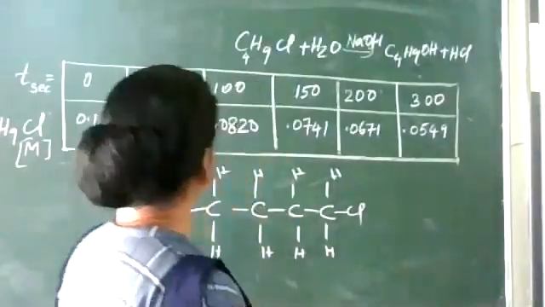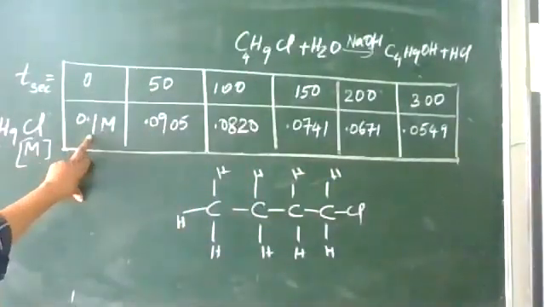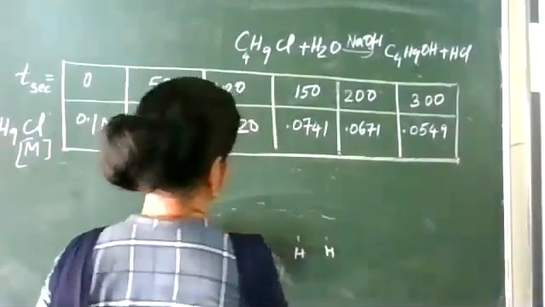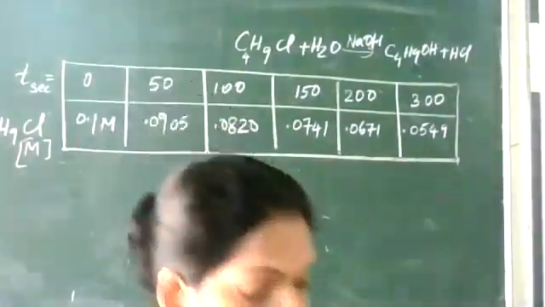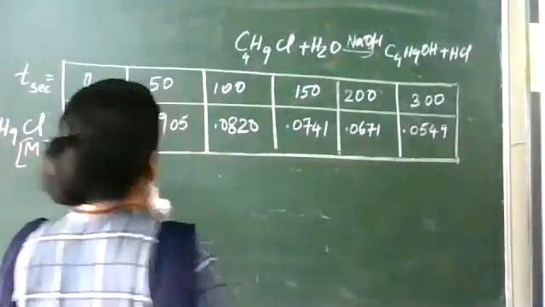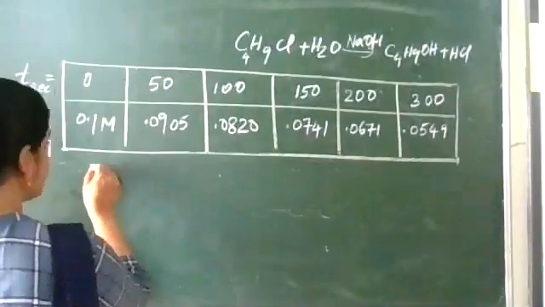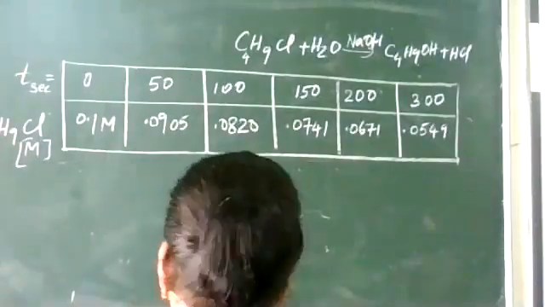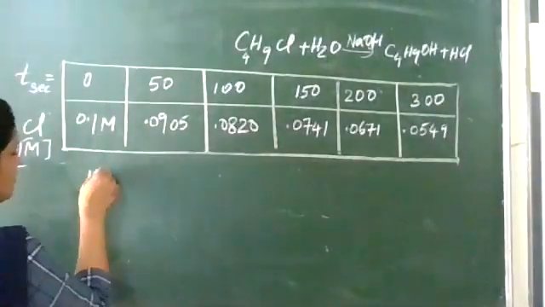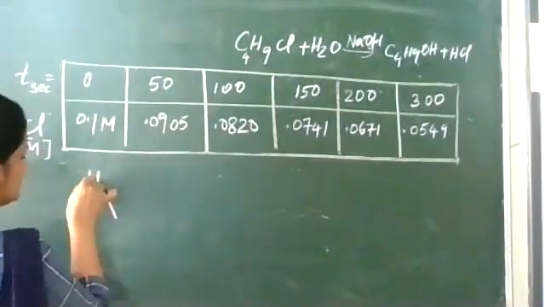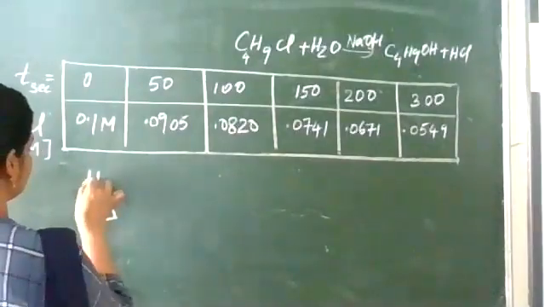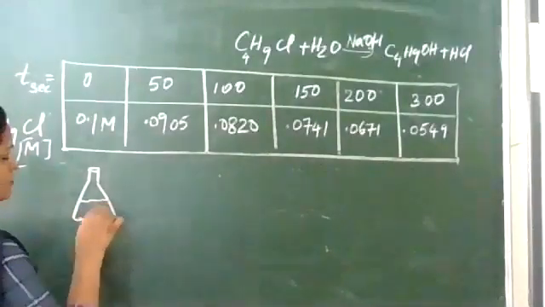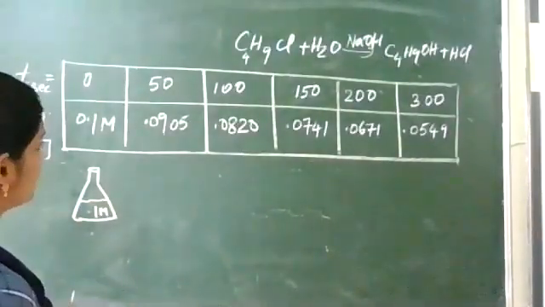Initially, in one conical flask we have taken 0.1 molar butyl chloride.